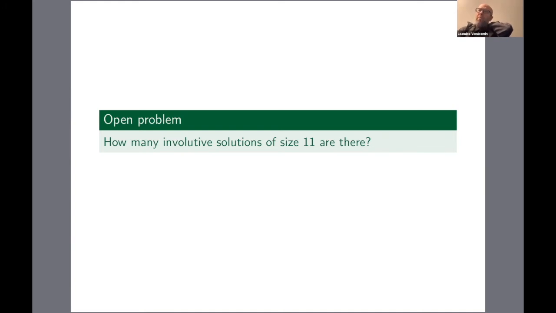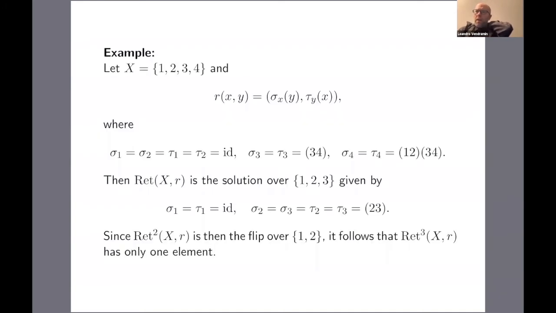But going back to multi-permutation solutions, let me first show you an example. Here I have a solution of size 4, where sigma 1 and sigma 2 are the identity, sigma 3 is the transposition (3 4), and sigma 4 is this product of 2 transpositions, right?